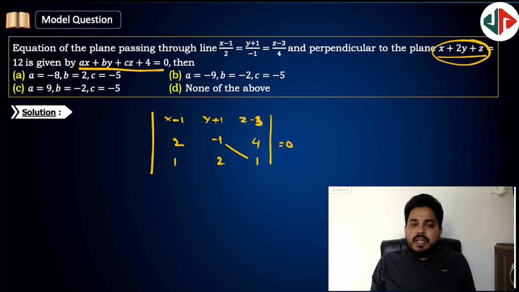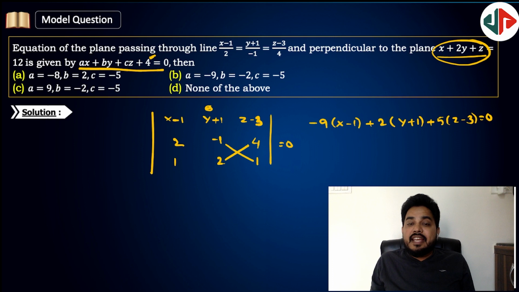So minus 1, minus 8, that is minus 9 times of x minus 1. Y plus, so 2 minus 4, minus 2, but for this one you need to keep the minus sign. So plus 2 times of y plus 1 and 4 minus of minus 5 times of z minus 3 is equal to 0. So your constant is important because ABC can be in any ratio.